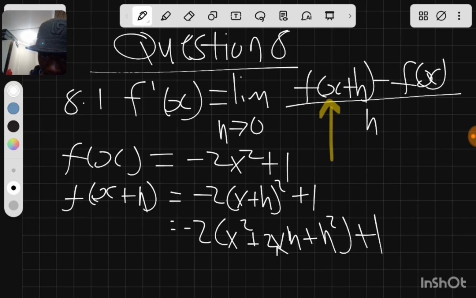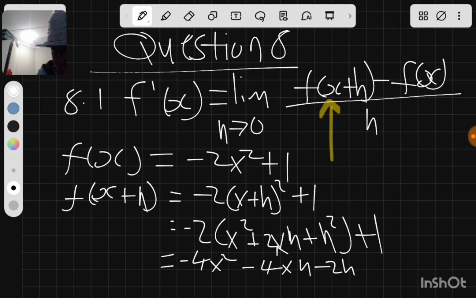Multiplying everything out, I'm going to have minus 2x squared minus 4xh minus 2h squared plus 1.